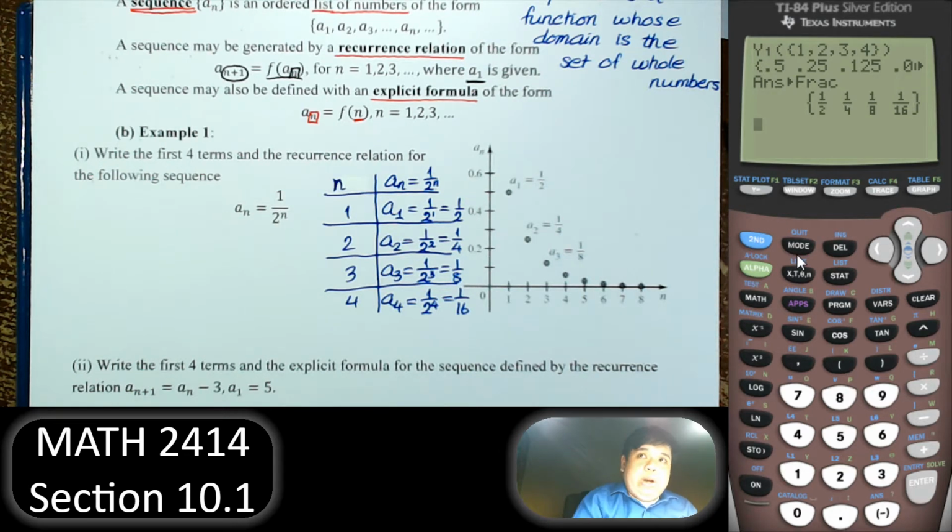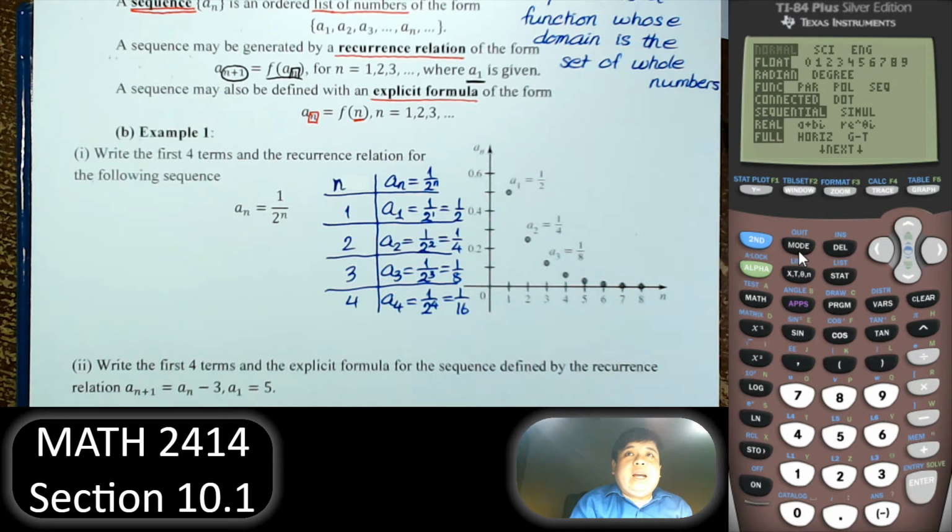But we can also put the sequence in the calculator. So hit mode. In the calculator, there are 4 types of graph: function, parametric, polar, and sequence. Corresponding to those 4 modes, we have x, t, theta, and n.